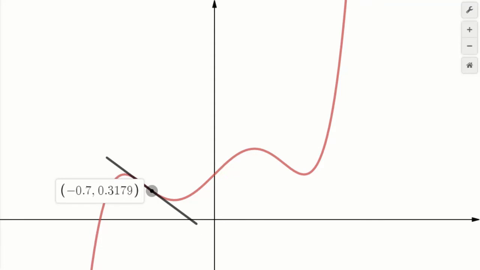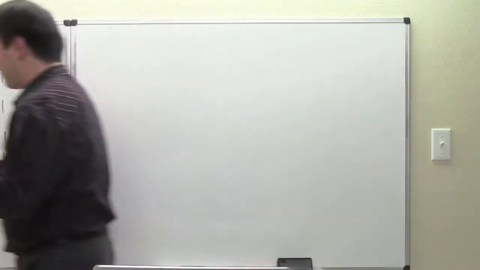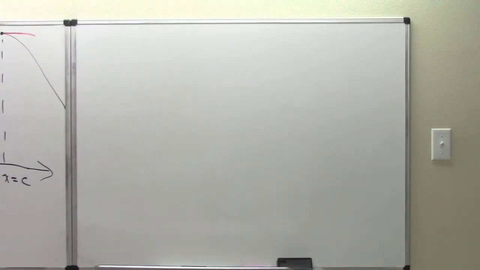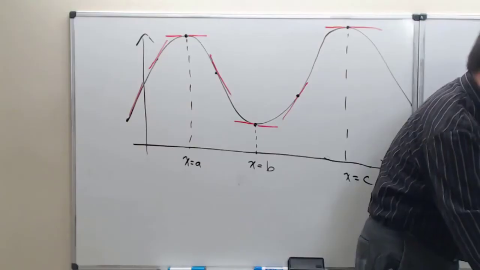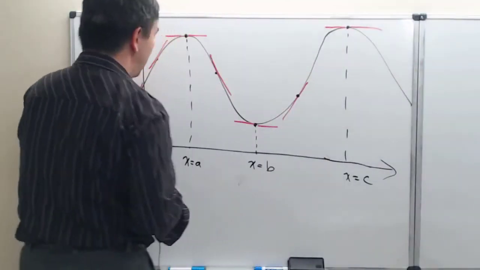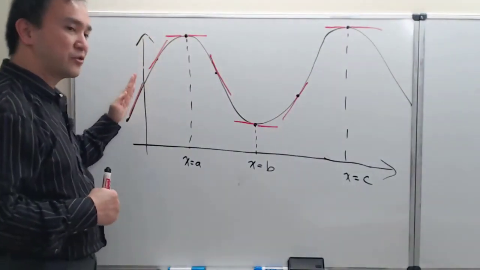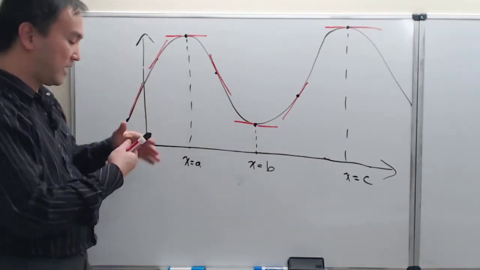Okay, so back on my hand sketch again. Then the slope of the tangent line is positive, indicating that the function is rising. It's rising from the left to the right.